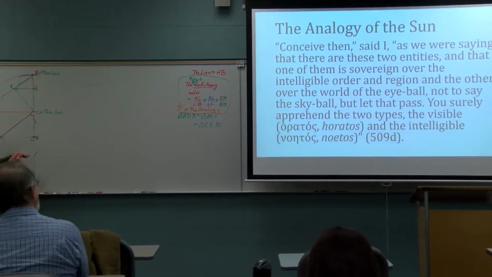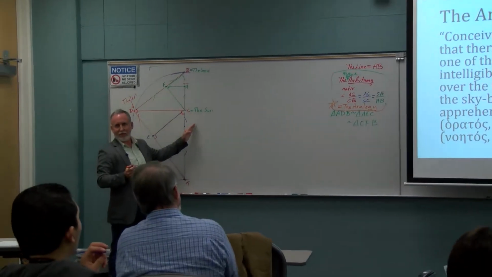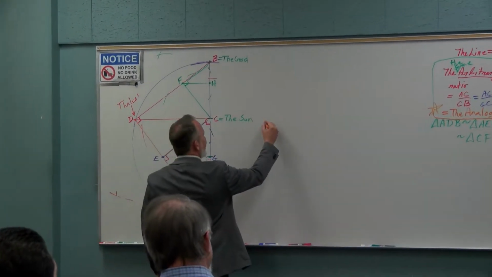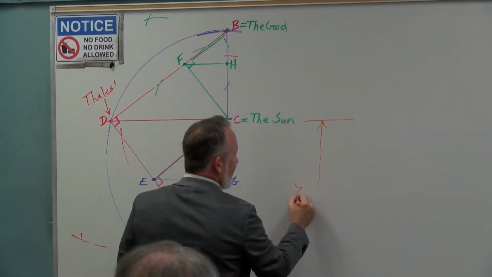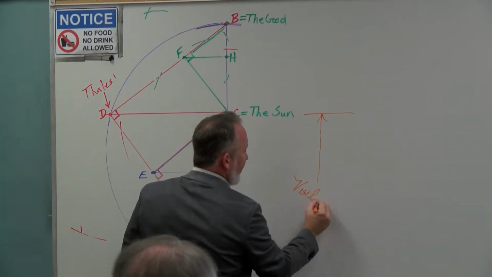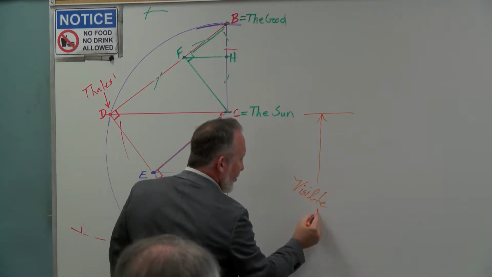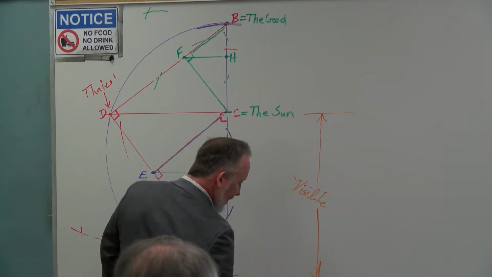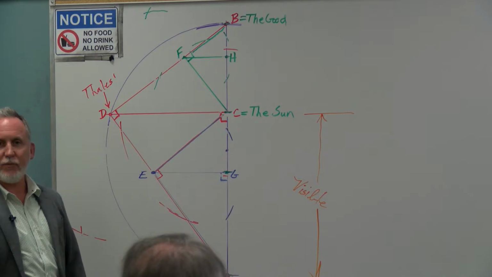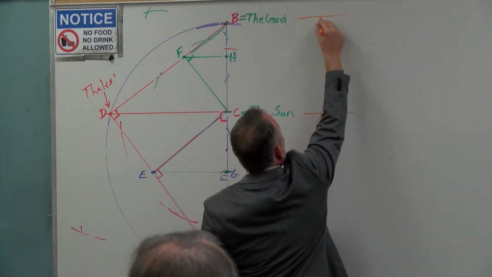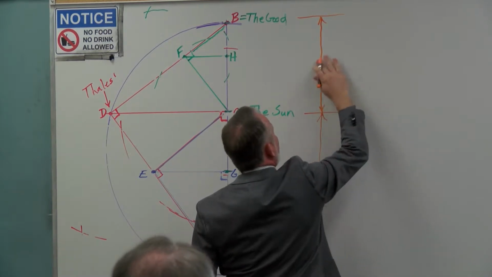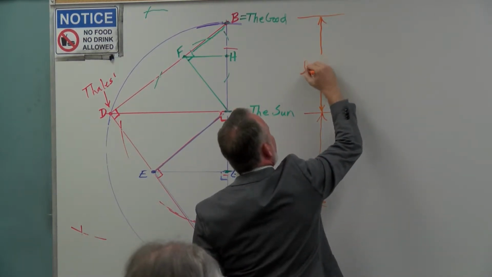So, which region is the visible? We're going to have this here as the visible, right? That's the visible region. And here we're going to have the intelligible.